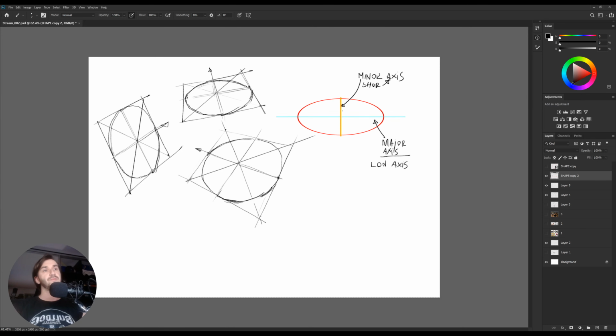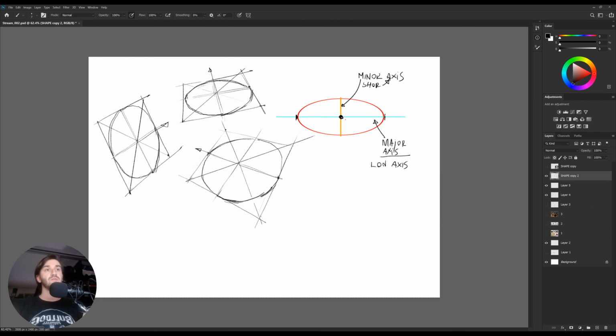The short axis and the long axis will always meet exactly in the middle of the ellipse. The long axis is the longest line you can draw in the ellipse that is crossing the middle of the ellipse, and the short axis is the shortest line that you can draw in the ellipse that goes through the middle.